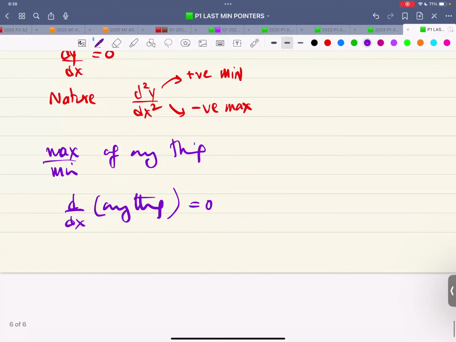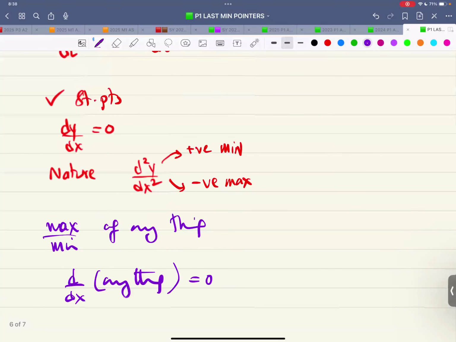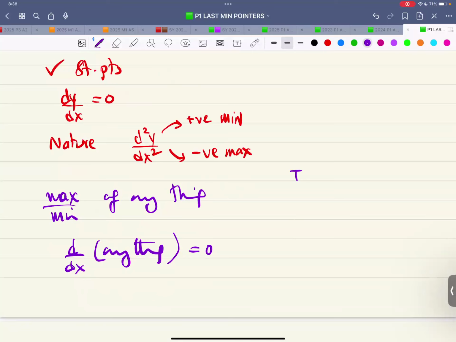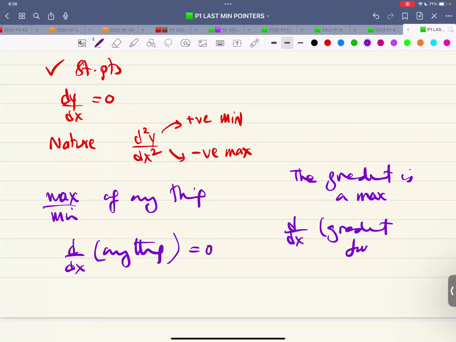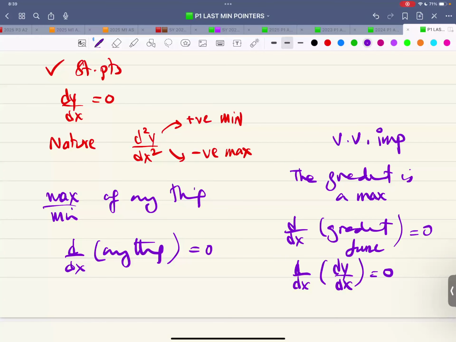That means if they ask for when the gradient is a maximum, then the derivative of the gradient function equals 0. That means the derivative of dy by dx is equal to 0. So this is very, very important. Yes, they have asked questions like this.